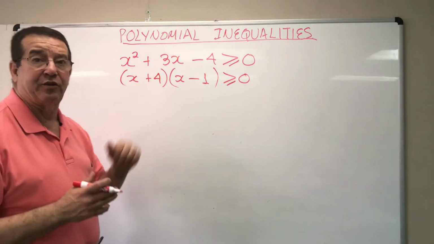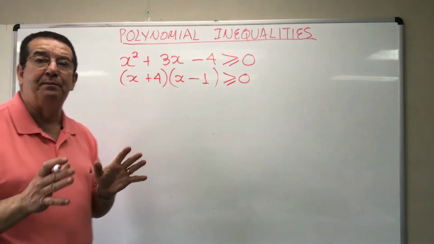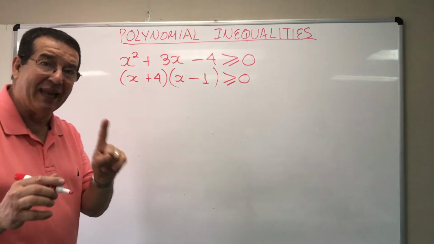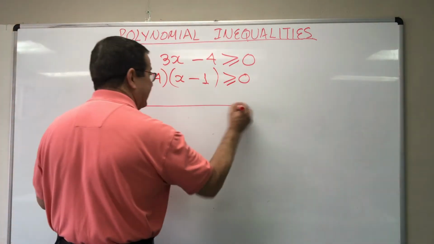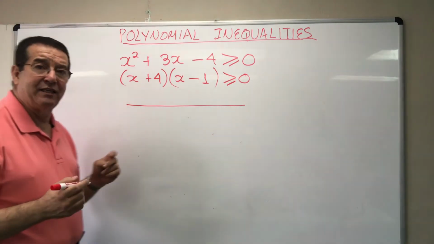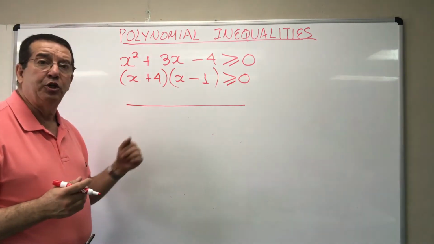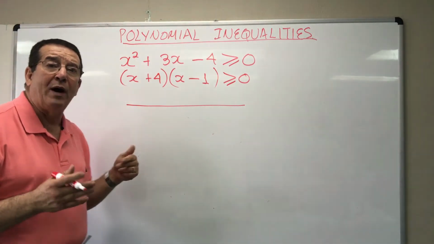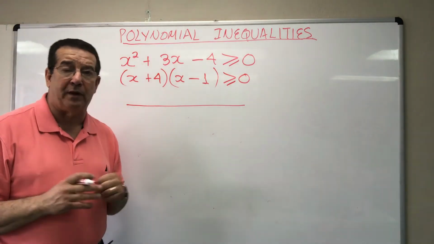When I have the factorization, it's very important: you create this line. What does this line mean? On the line you plug in the zeros of the polynomial.